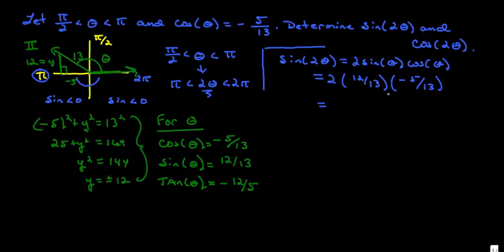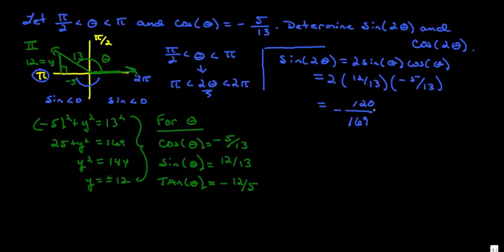So my denominator is going to be 169. Our numerator is going to be 120, because 2 times 5 is 10, times 12 is 120. And this is going to be negative.